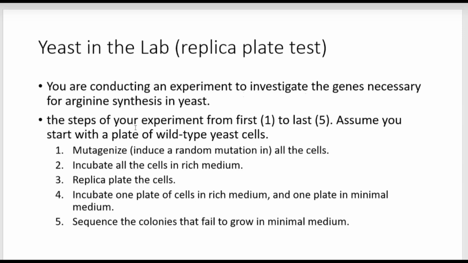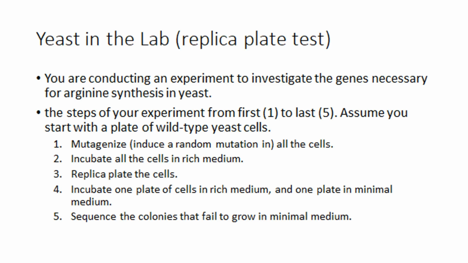The test is the steps for your experiment from first to last. I assume you start with a plate of wild type yeast cells. We begin with wild type yeast. That means it can synthesize arginine.